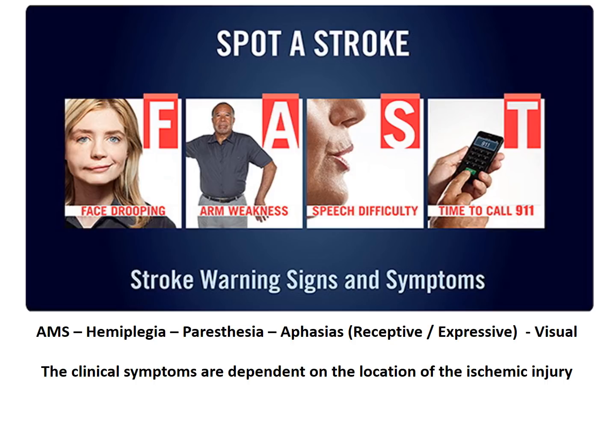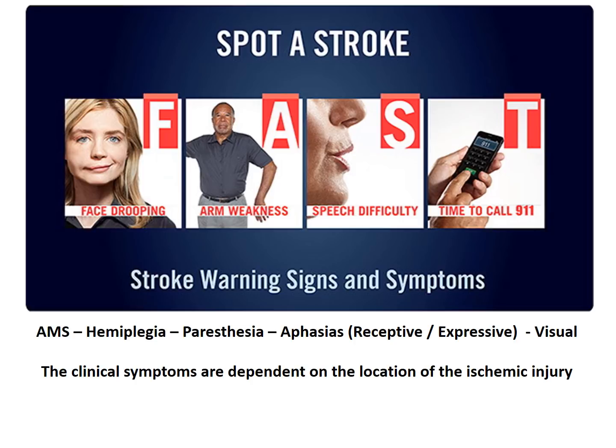Symptoms of a stroke: altered mental status, hemiplegia, weakness on one side of the body, paresthesias, loss of sensation in one part of the body, aphasias, inability to communicate, either because you don't understand what's being told to you, receptive aphasia, or inability to get something out and say it, expressive aphasia, and then obviously visual disturbances depending on what region of the brain, particularly if it's the occipital lobe or involving one of the optic tracts.